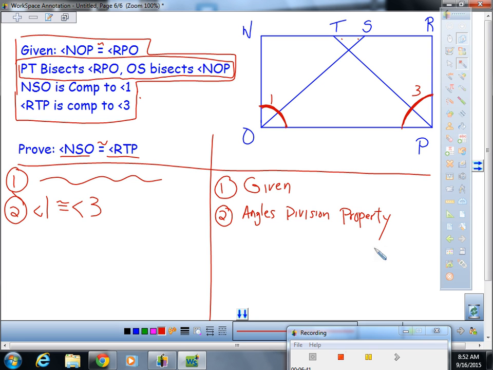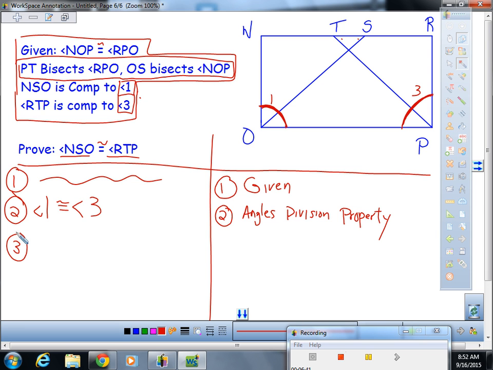Okay? So, now what can we say? Well, this is kind of nice. It says that NSO is complementary to angle 1. But RTP is complementary to angle 3. But if two angles are complementary to congruent angles, then how must these two angles be related? They are congruent. You either understand that or now you've fallen 2 days behind.